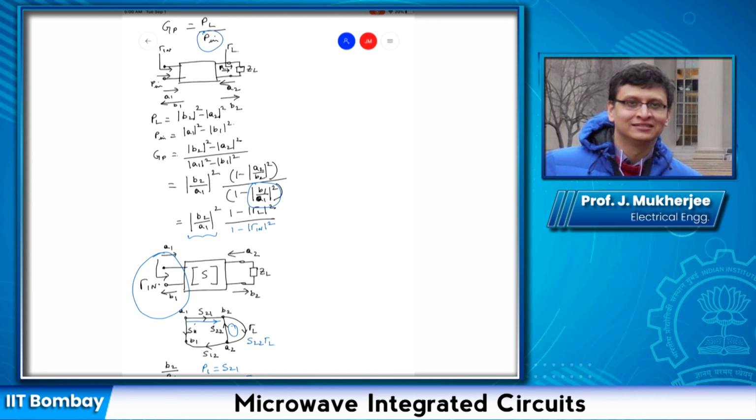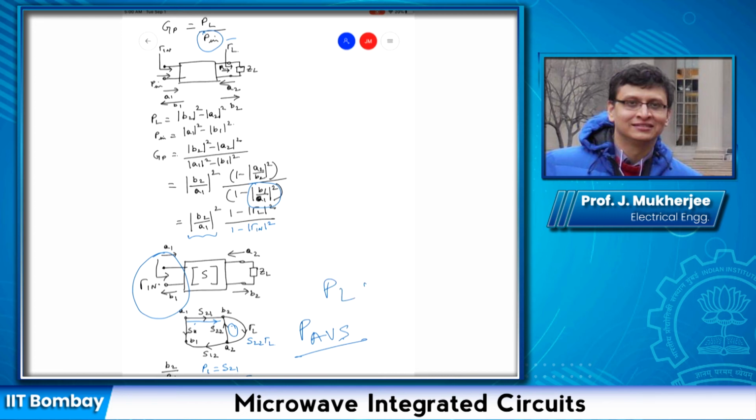As a user, we are not that concerned about the input power entering the network. We are only concerned about what is called PAVS at the input side and PL at the load side.